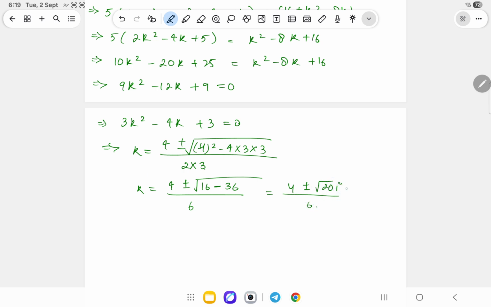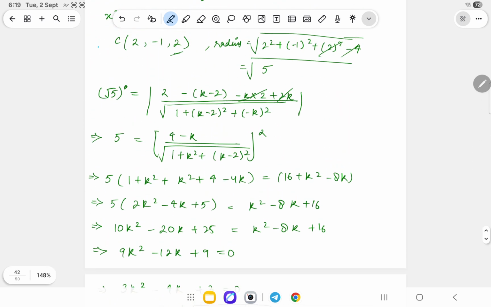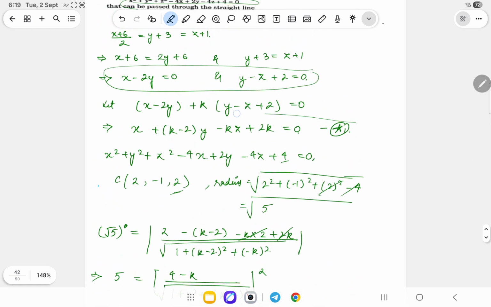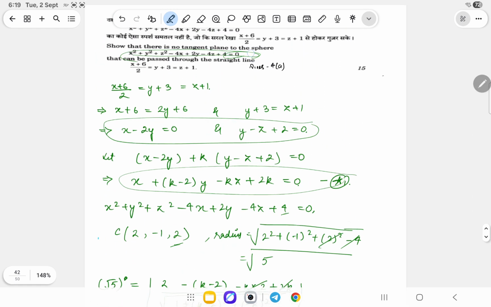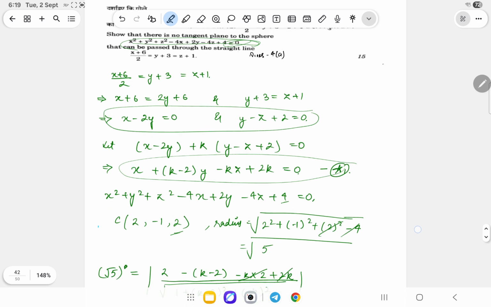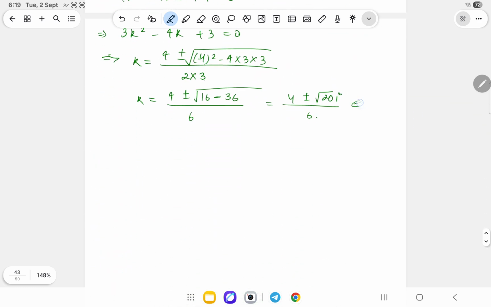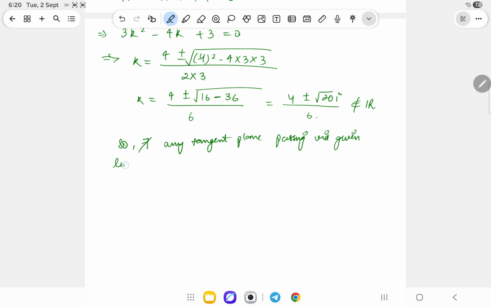But these two values of k are not real, so there does not exist any such k for which this star one acts as tangent to this sphere. So this shows that there is no such tangent plane. So there does not exist any tangent plane passing via given line and touching the given sphere.